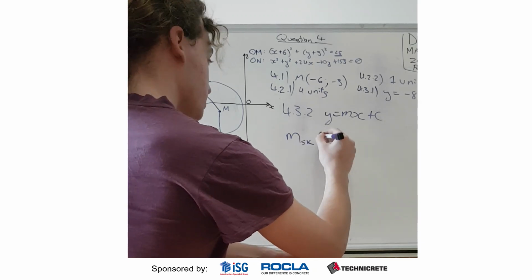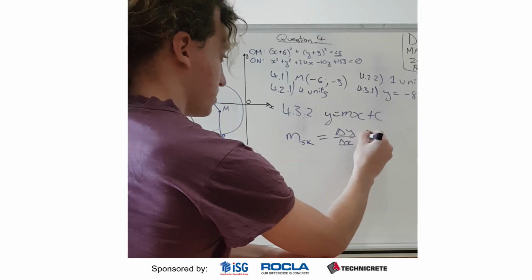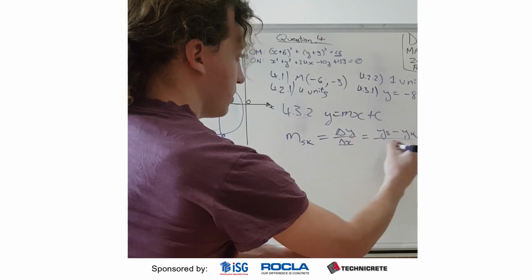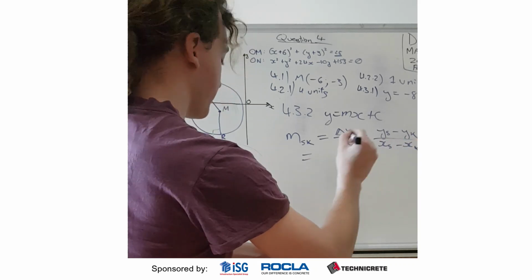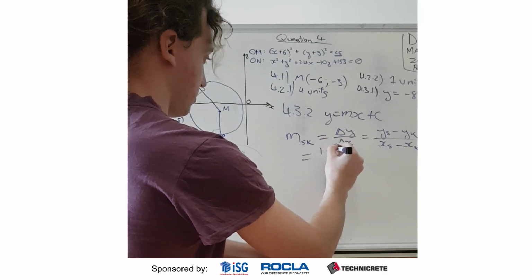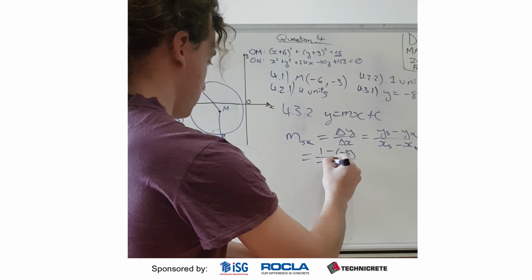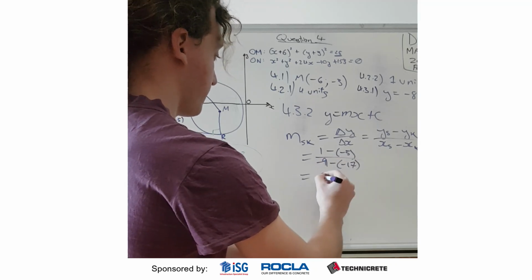Like in the previous method, it's the change in y over the change in x, which is y of S minus y of K over x of S minus x of K. In other words, 1 minus -5 over -9 minus -17.